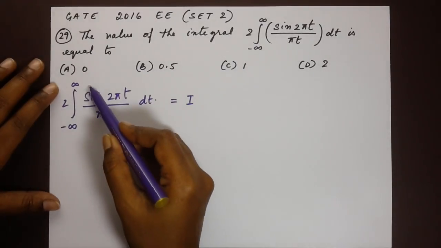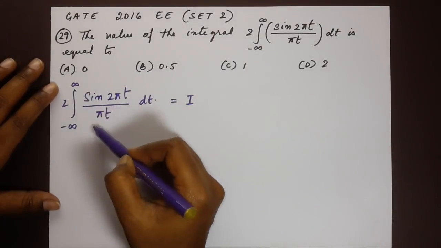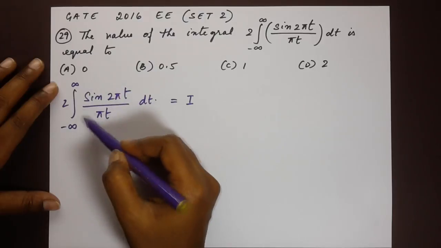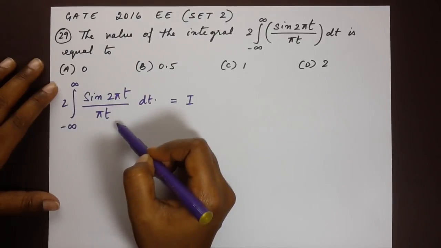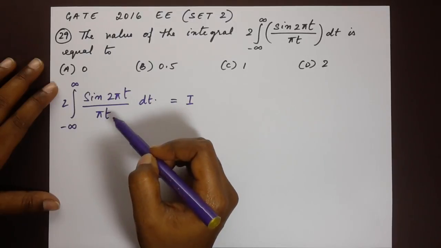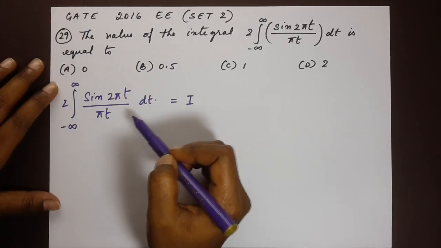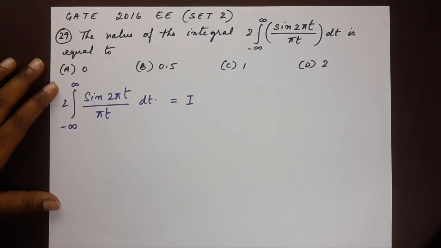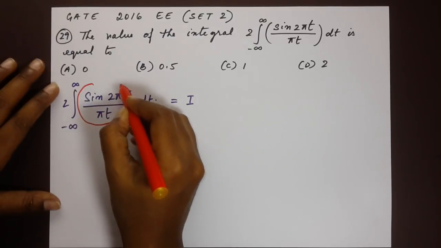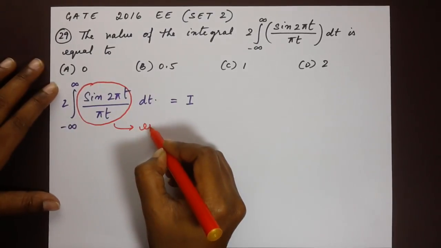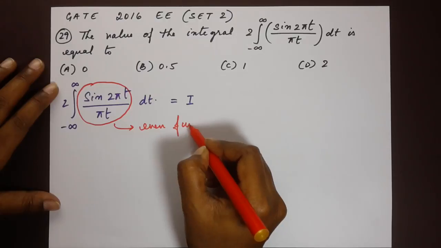Now look at the portion within the integral, sine 2 pi t by pi t. This is an even function. Now you know sine by itself is an odd function, but here, since it is sine 2 pi t by pi t, the entire expression is an even function.